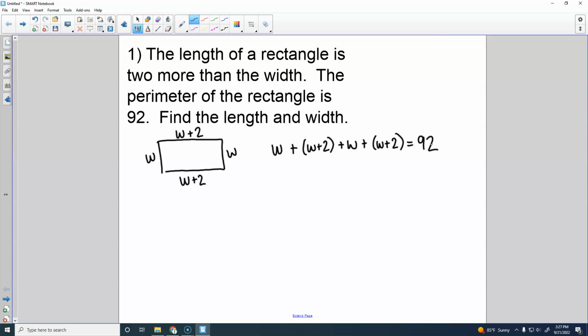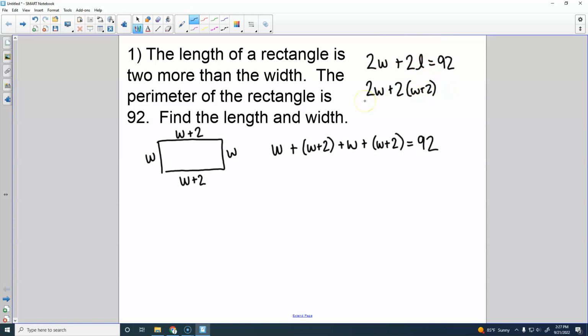Now, another way that you can do this is that since there are 2 widths, I could have used the equation 2W plus 2L is 92 because there's two widths and two lengths. And I could have done it like this where I replace the L with W plus 2.